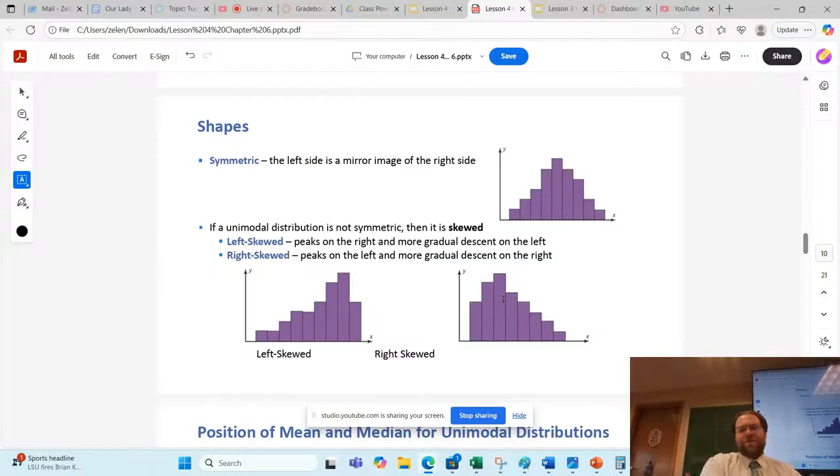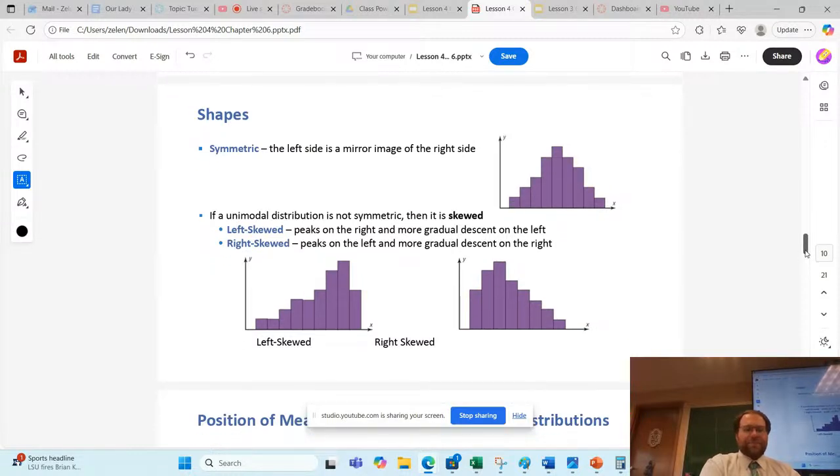This one over here, a lot of low values. Tail is going this way toward the right, so this will be right skewed. Depending on what type of situation you have, that will determine which of these 3 situations you'll have with the data.